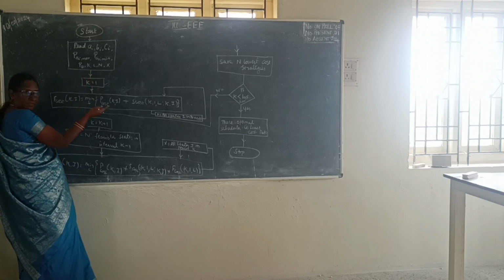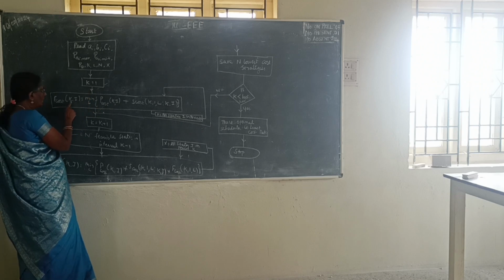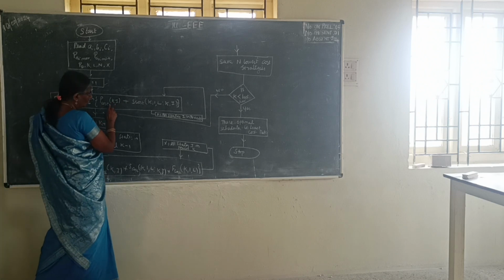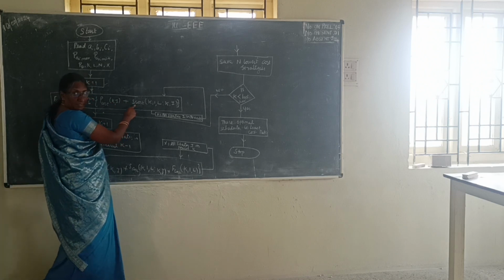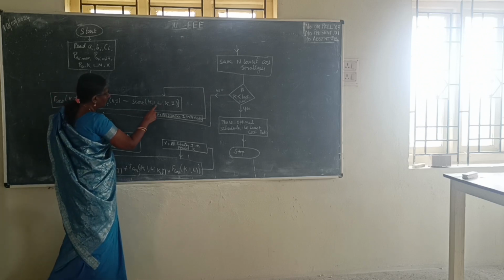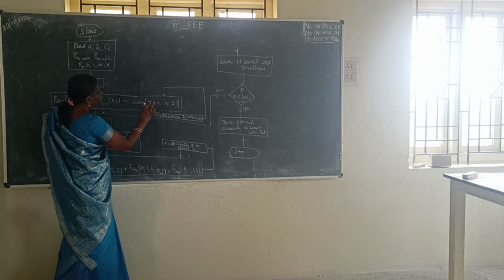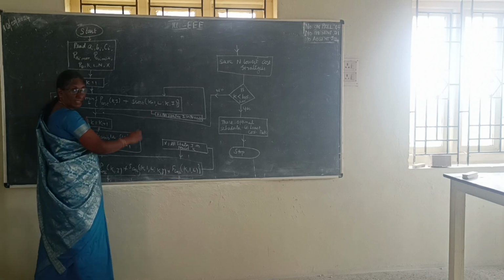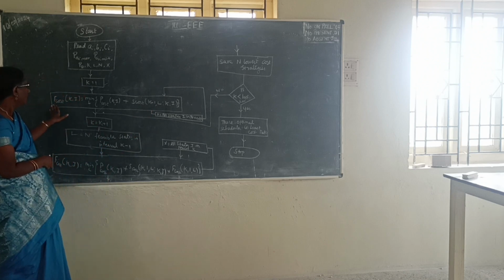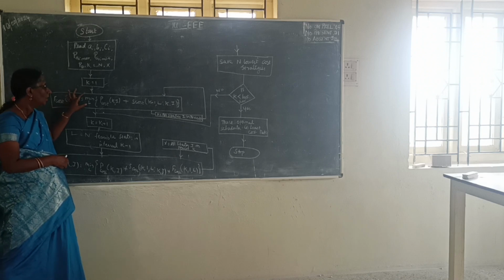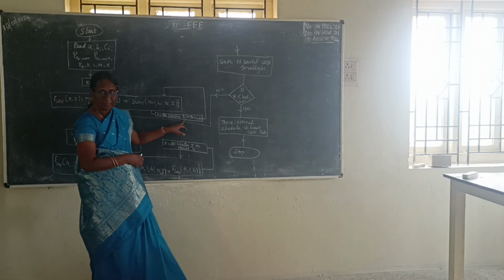Then F cost, we know the formula: F cost of K comma I is equal to the minimum over L of P cost of K minus 1 comma L, plus the production cost, plus the transition cost S cost of K minus 1 comma L to K comma I. So by using this formula we are going to find out the value for X is equal to all states in the period.